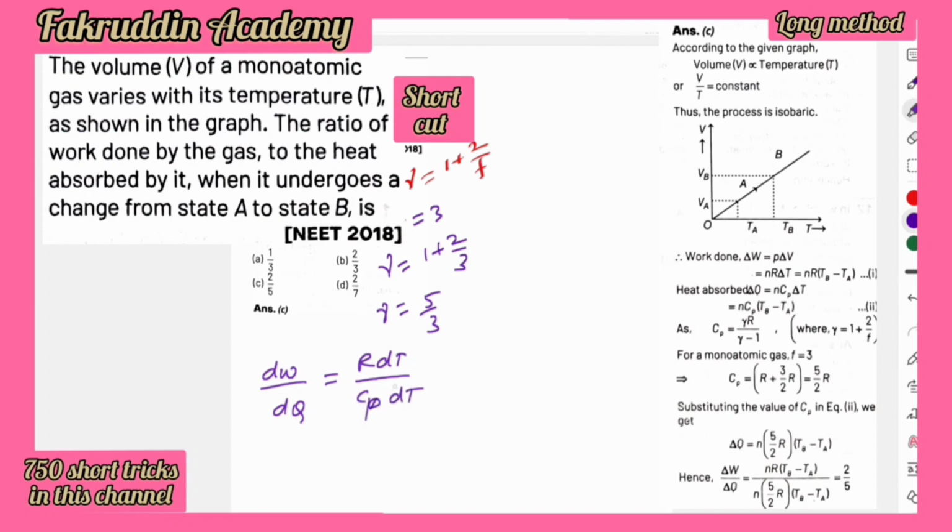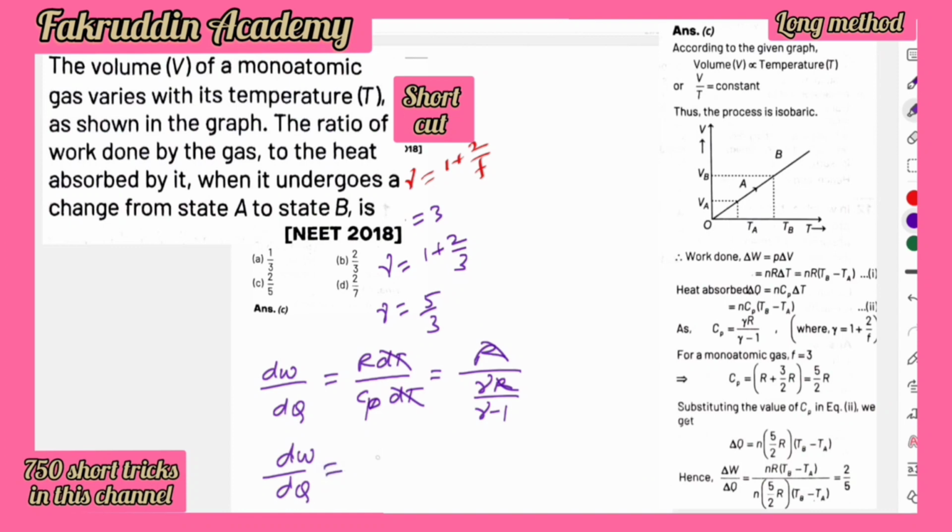So dT gets cancelled, but you can also write Cp as gamma R by gamma minus 1. So Cp is equal to gamma R by gamma minus 1.